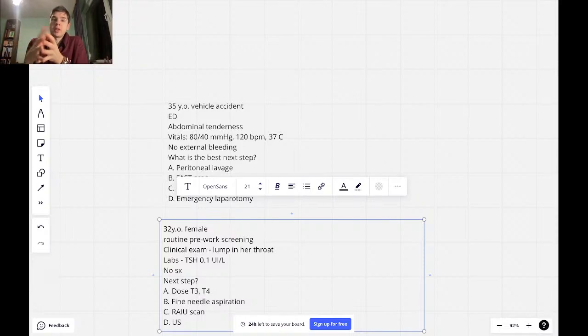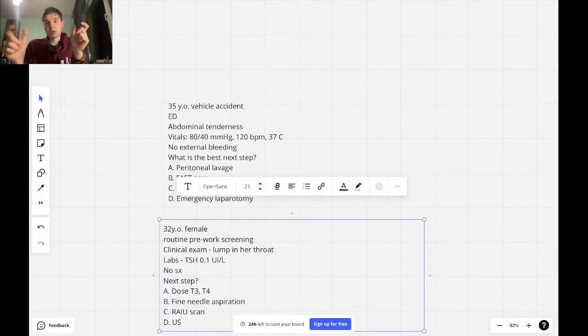The next step is indeed, as we saw in this question, to perform the ultrasound. The ultrasound can be doubled by the radioiodine scan. The scan will identify if the nodules are hot or cold. Very importantly, cold nodules need fine needle aspiration as they can be malignant. If the nodule is hot, then indeed we can suspect, for instance, toxic adenoma.